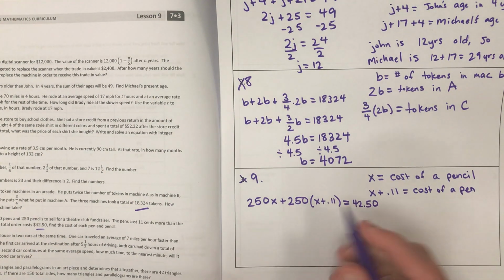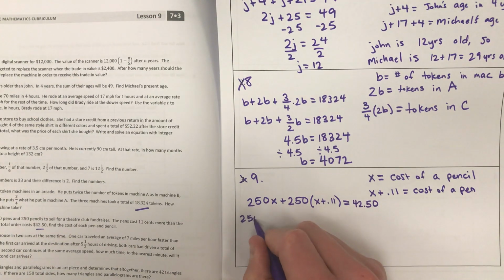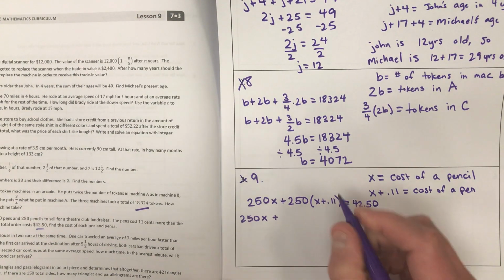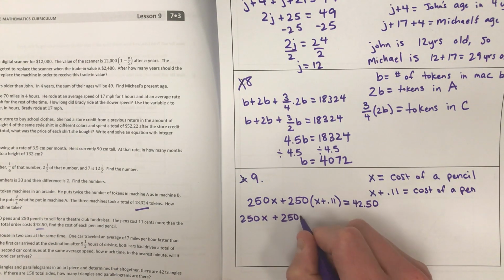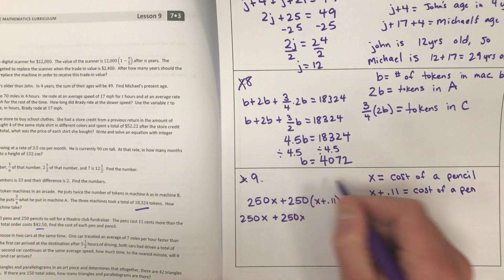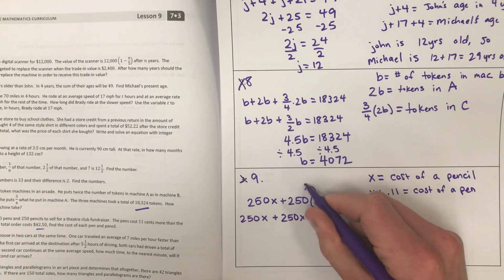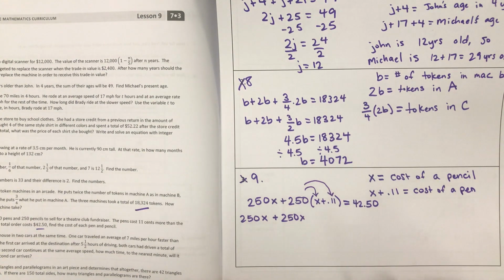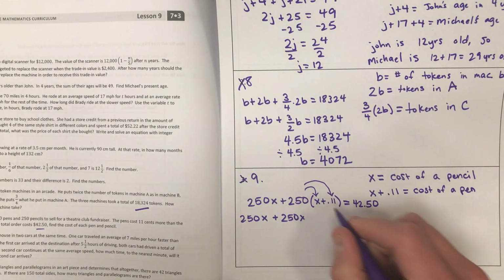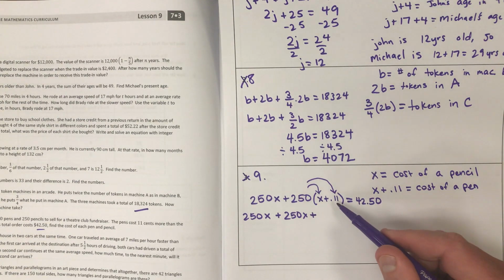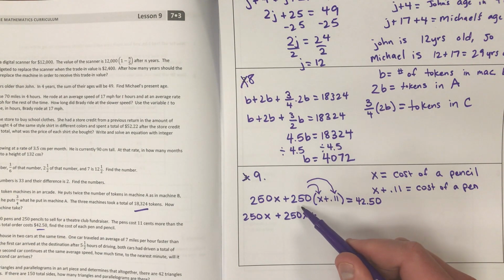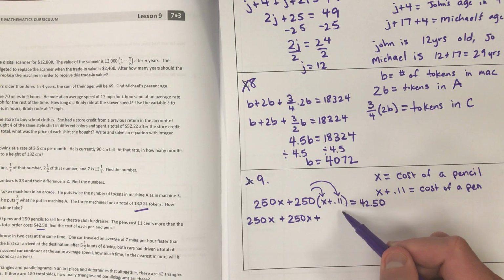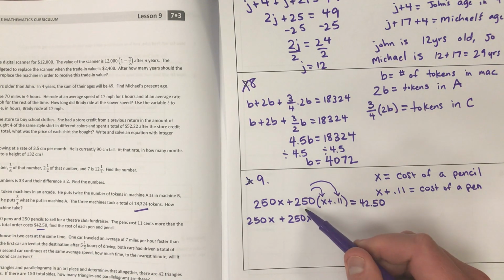And so I'm going to use the distributive property here first. I'll just keep this 250x the way it is, plus 250x. I'm distributing this 250 to the parentheses here. And 250 times 0.11. Well, let's see here. If it was times 0.1, that would be 25. But I have this extra 0.01 here, which would be 2.5.